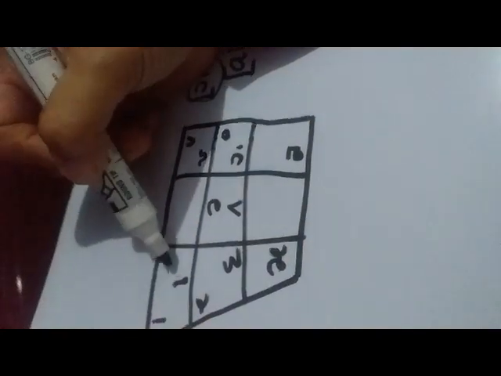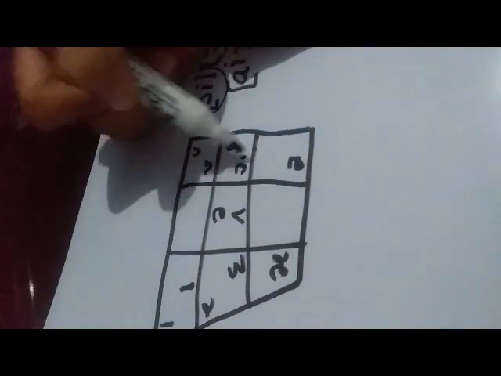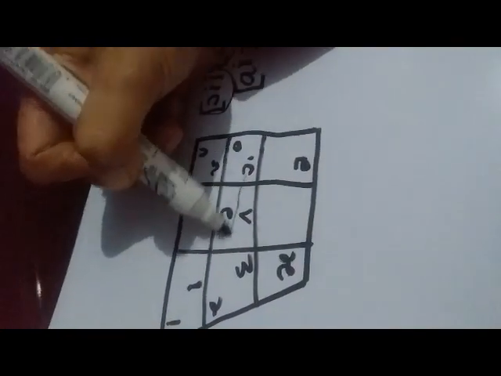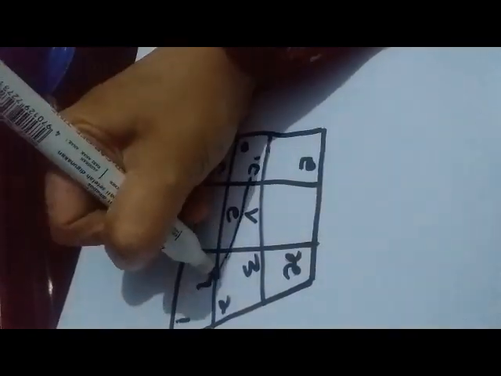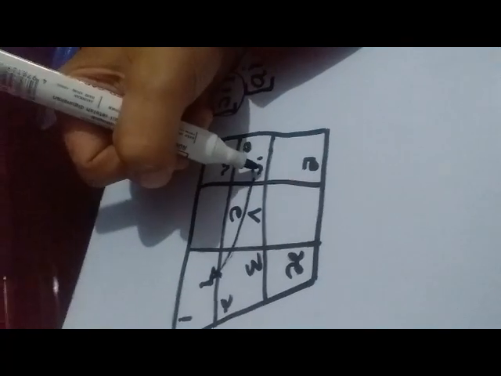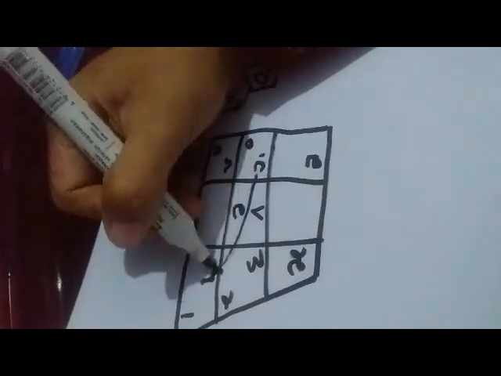So it's gliding from the position of O to the position of E. It glides, oi, oi.